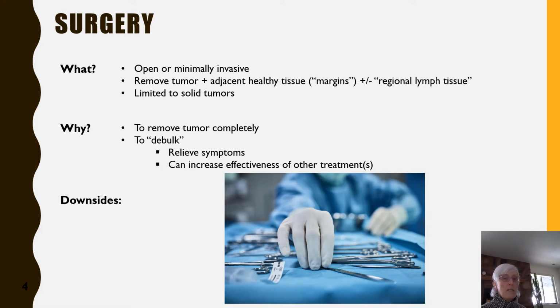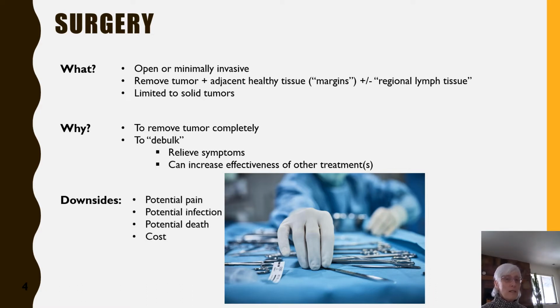In other cases, the downsizing of the tumor is done so that the effectiveness of other treatments might be better. So in other words, if we're going to have a patient with a very large tumor undergo chemotherapy, maybe we just want to get rid of the vast majority of the cancer through surgery and then subject a patient to chemotherapy or radiation therapy.